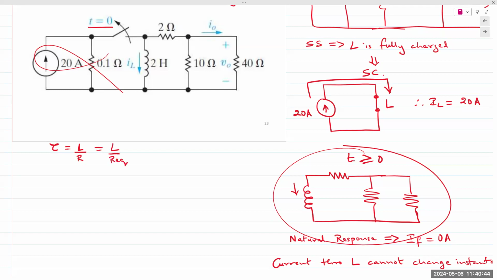And so that would be determined in the circuit.